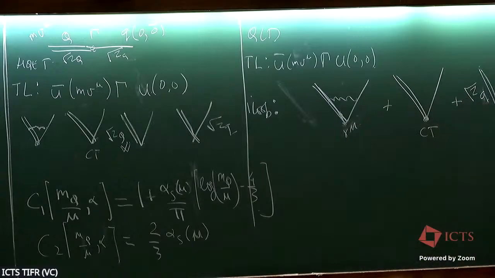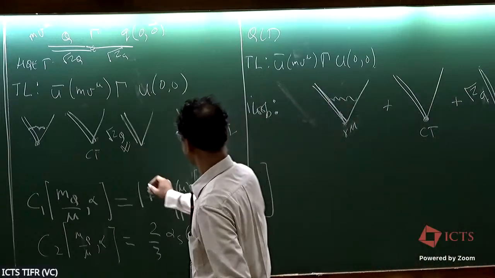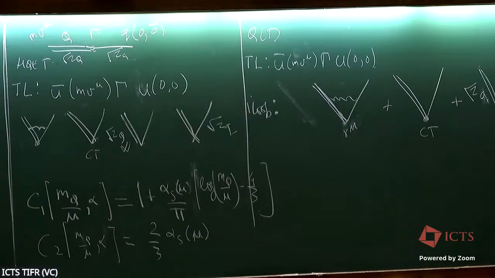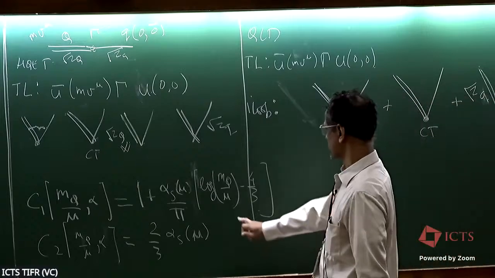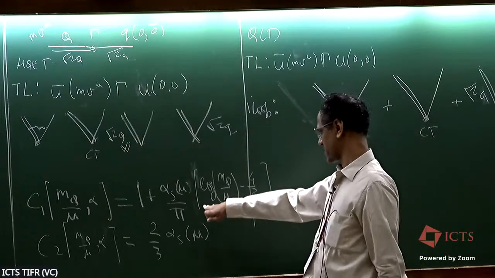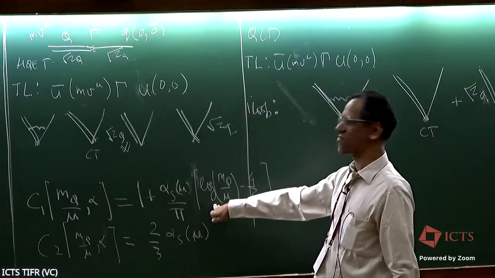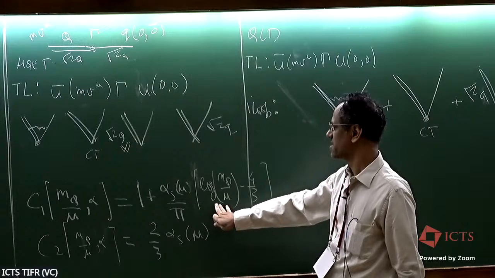So let's look at the result a little bit and try to get some key features out. The key feature that affects us is that you get a log of mQ by mu here.